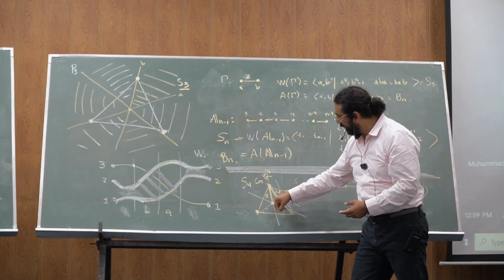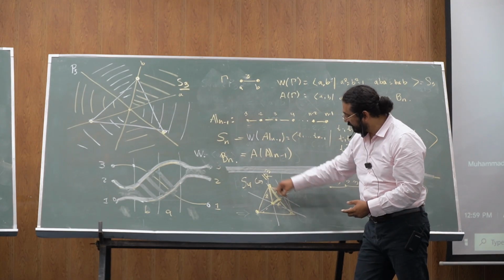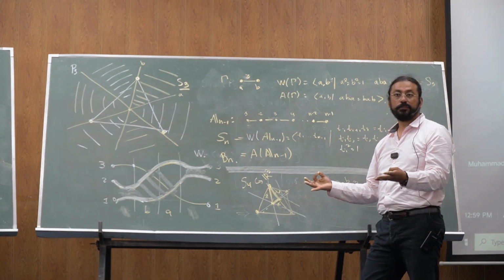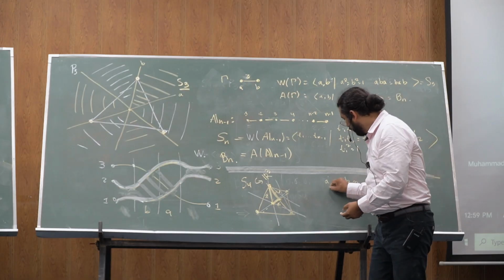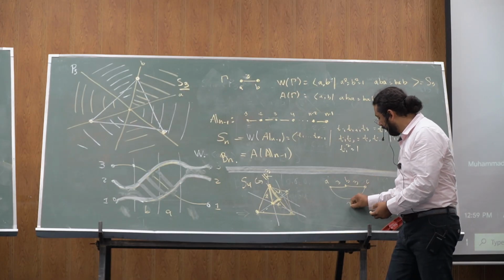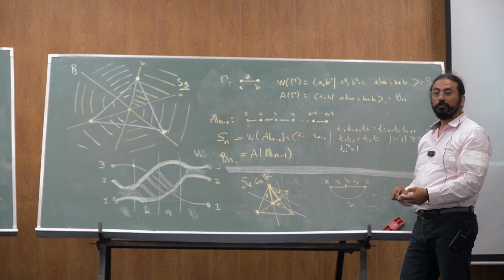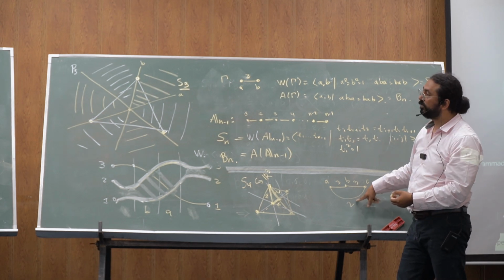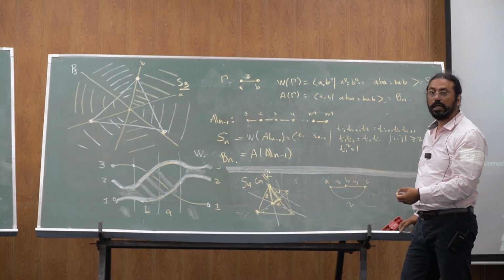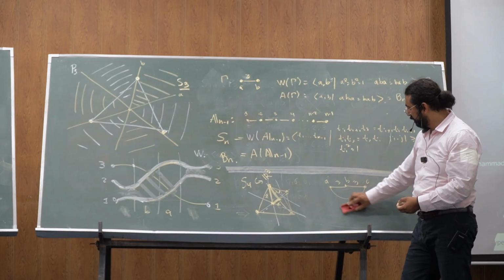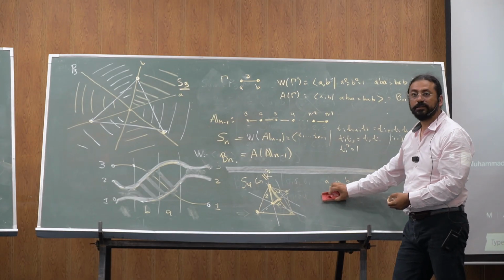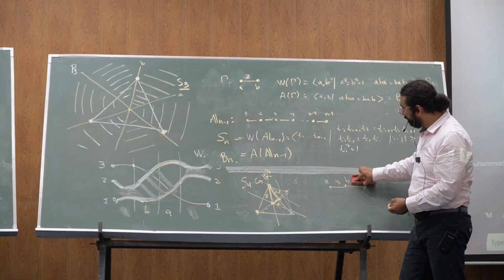And between A and C, there are only 2. But when we have 2, we don't draw the edge.